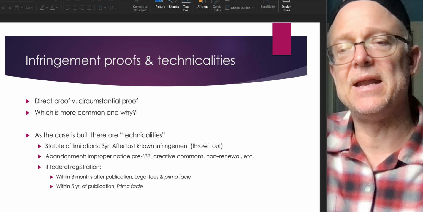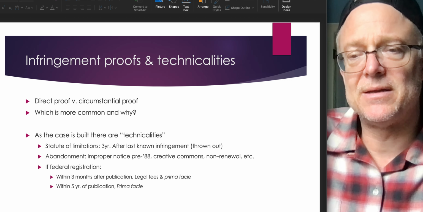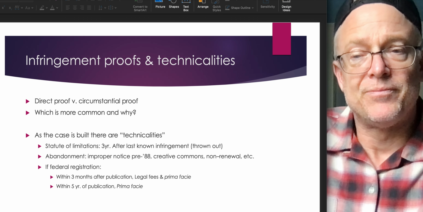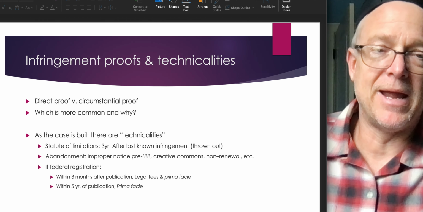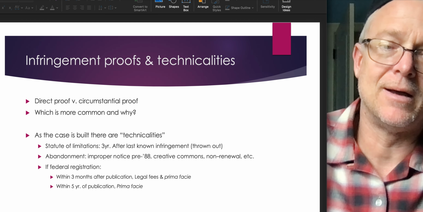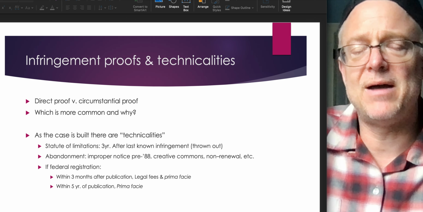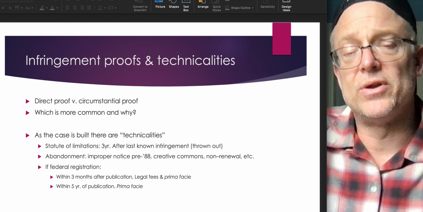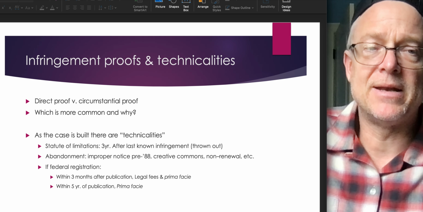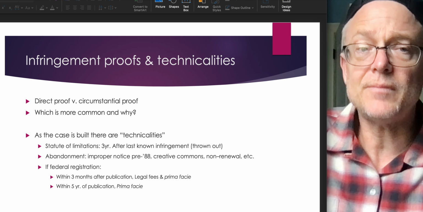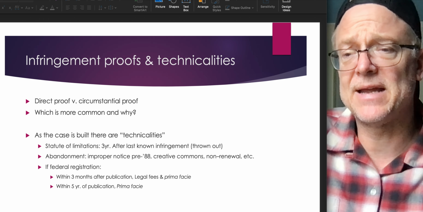So pre-88, if that copyright was listed improperly, then the copyright could go right into the public domain. So it was an abandoned copyright. If you say this is part of the Creative Commons, or you're free to copy, or you didn't renew, etc., all of those copyrights are considered to be abandoned and therefore public domain. So those would be considered technicalities.